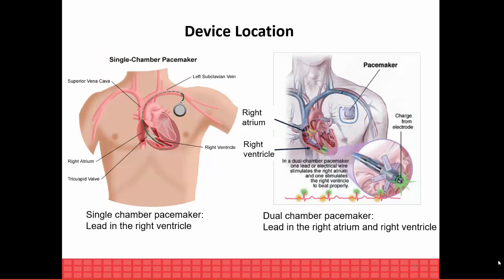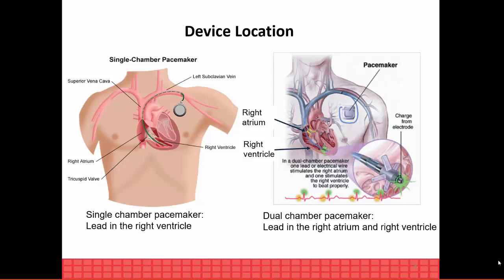Device location for pacemakers or defibrillators is very similar. Typically on first implant, devices are placed on the left side of the chest, right under the clavicle, and the leads are inserted transvenously through the subclavian vein, and the leads are fed into the ventricle.